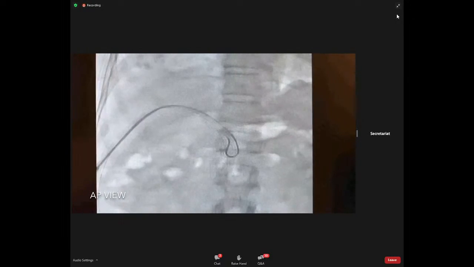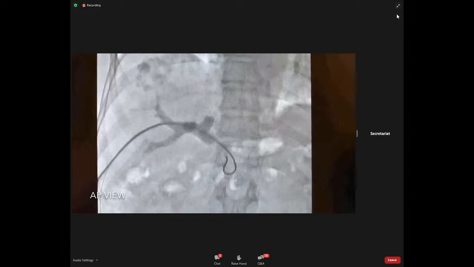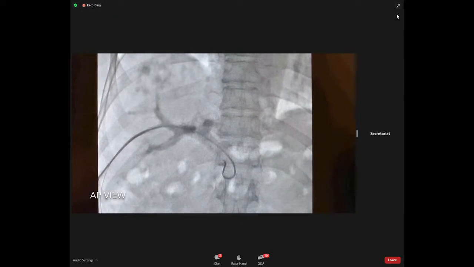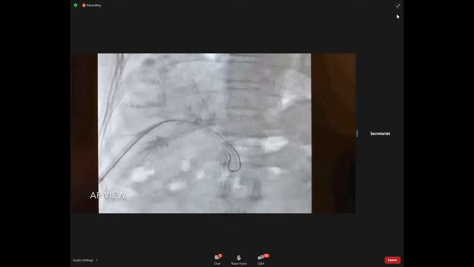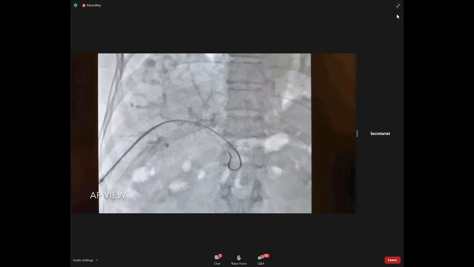The AP view is not the best view to demonstrate the portal vein bifurcation. Right anterior oblique can help you visualize the bifurcation between the right and left portal vein.